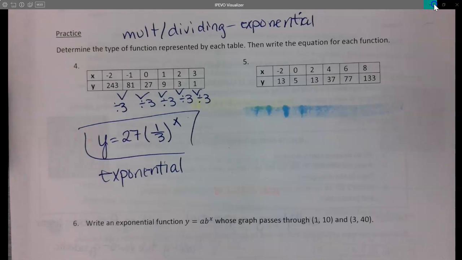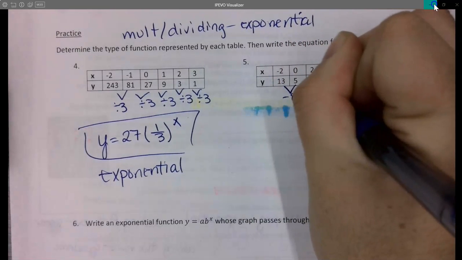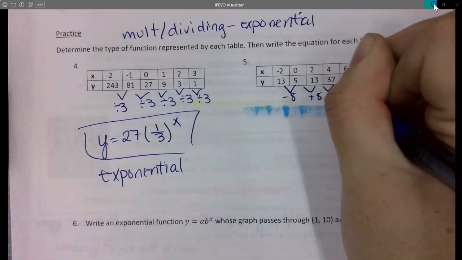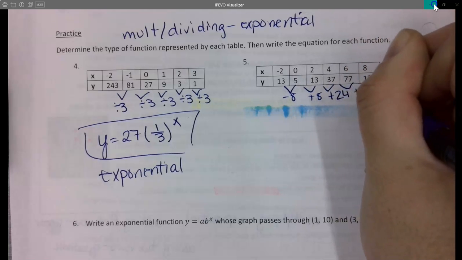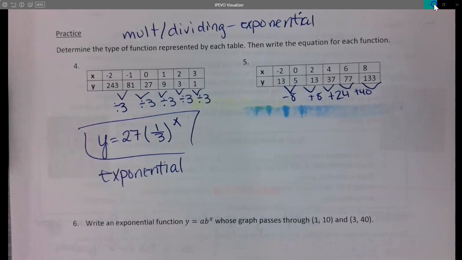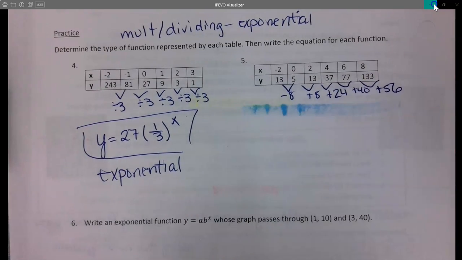Okay. If I take a look at number 5, I subtract 8, I add 8, I add 24, I add 40, and I don't know that one. Huh? 56? So then I want to try adding again.